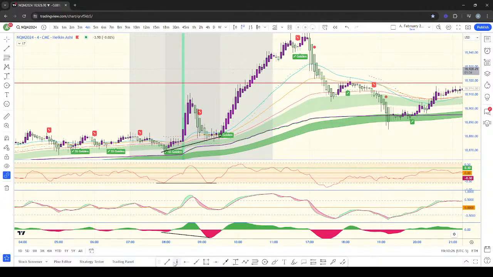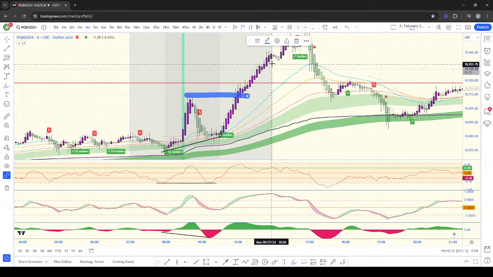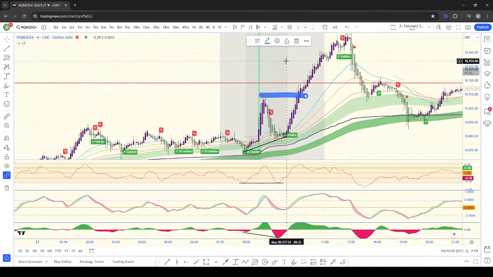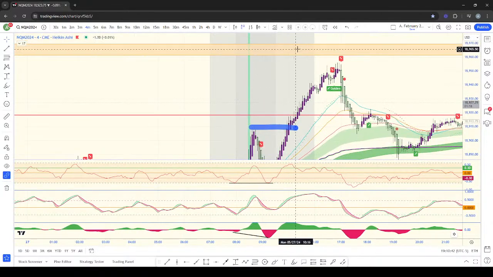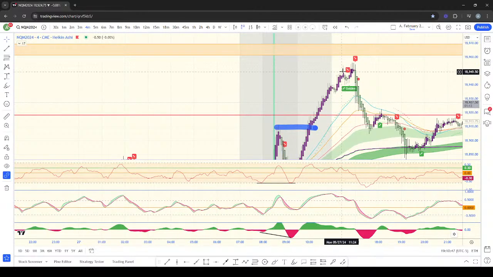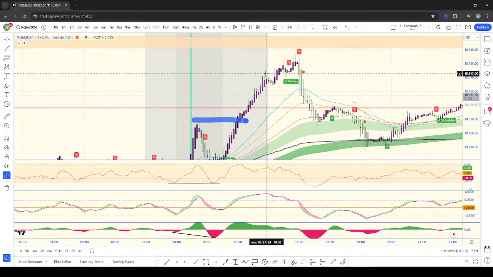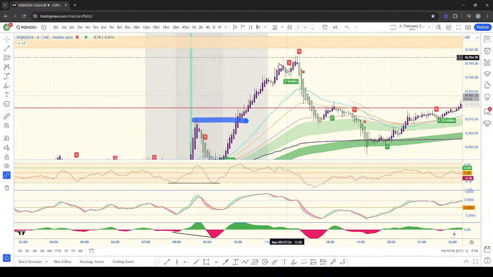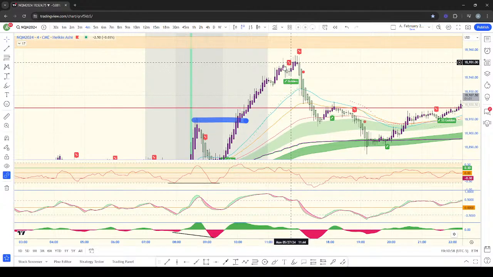If you wanted to take an exit, you could have just gotten out right here. If not, you could have just really pushed on and gone up to, it was close over here. I did have another marker right in here, but here you just started to see price kind of losing a little bit of strength, and it was already forming another bearish divergence right in here.